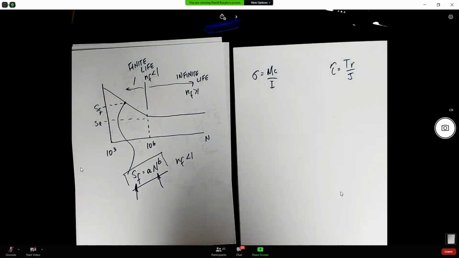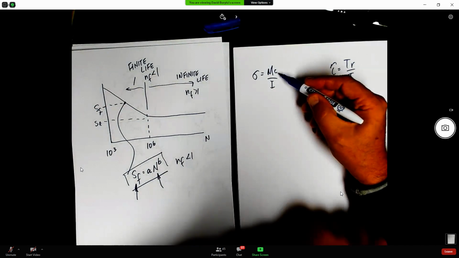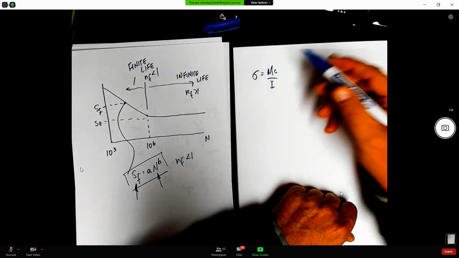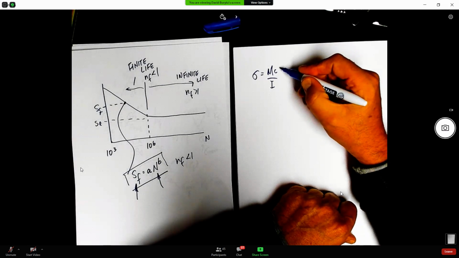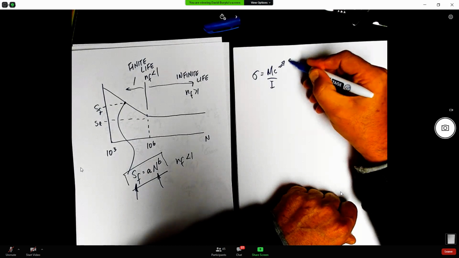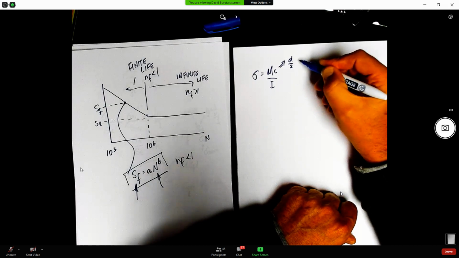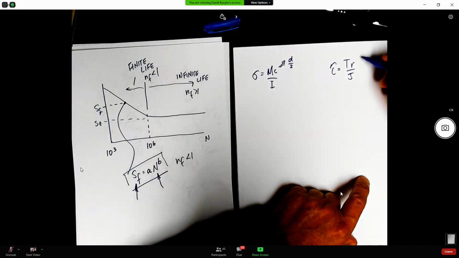So we know that the maximum bending stress occurs at the outer surface. So for c, we would always use d by 2, which is equal to the radius. And obviously the radius here is d by 2, right?